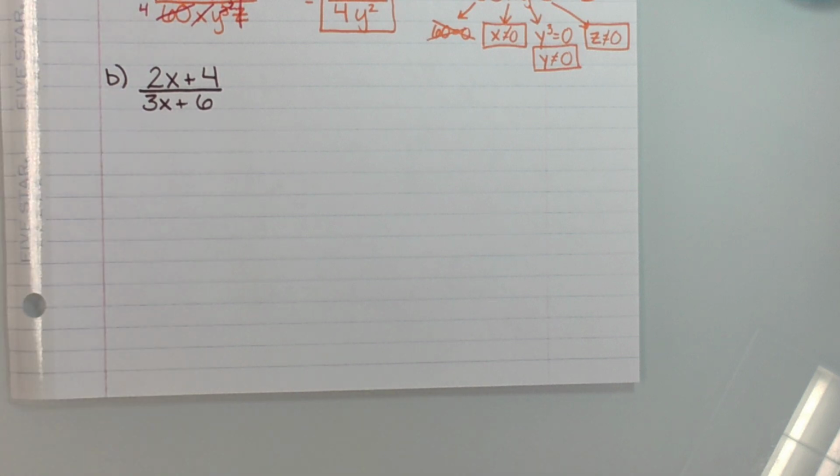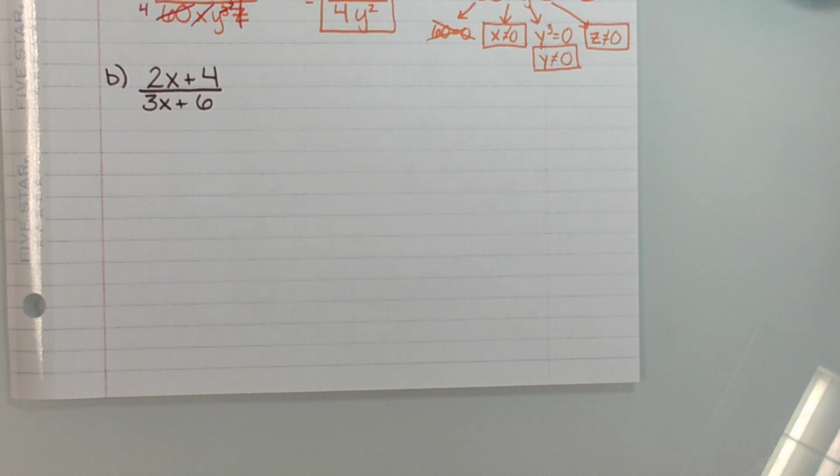The reason crossing things off works is that you divide it out of the entirety of the top and the entirety of the bottom fraction. The only way you can do that is if it's fully factored. Can you factor 2x + 4? How do you always start factoring?